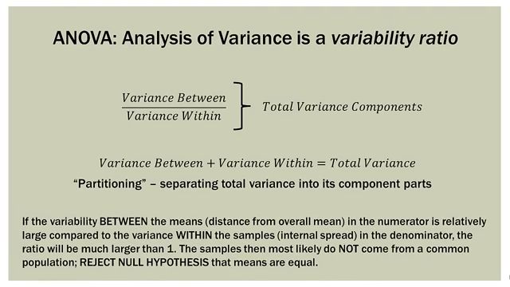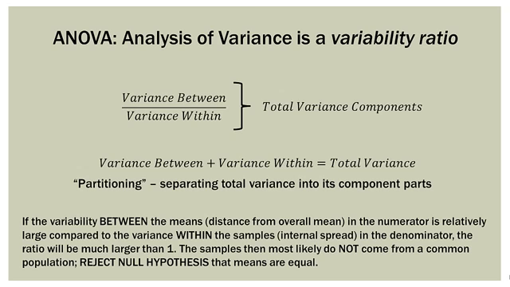Here's the nuts and bolts summary of everything we have here. If the variability between the means, the distance from the overall mean that we saw in the red before, in that numerator, is relatively large compared to the variance within the samples, the spread in that denominator, then this ratio will be much larger than 1, because the variance between will be quite large relative to the variance within.